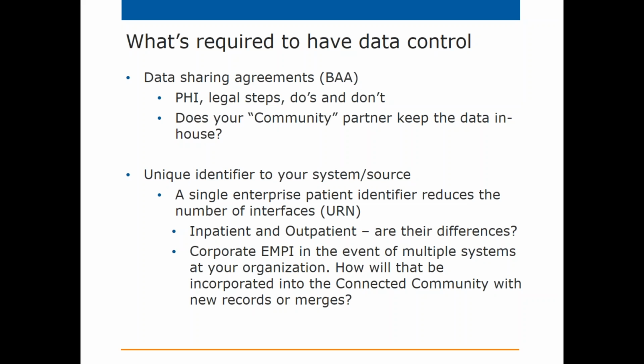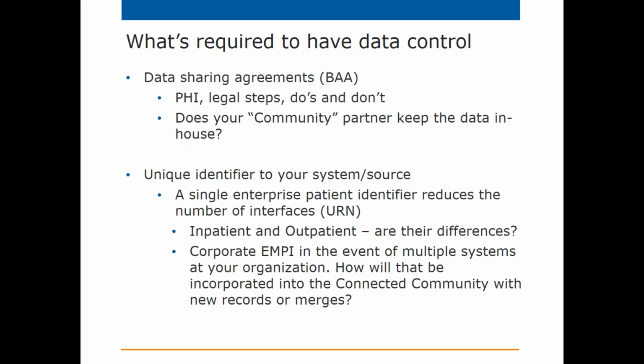If you're sending your data out, you want to make sure that every time you send that data out, it matches up to the same person that you created the first time, unless there is a link or you need to do a merge or things like that. Inpatient and outpatient, are there differences, and how should that information be sent out? Corporate EMPIs, in the event that there are lots of systems within your organization, how will that be incorporated into the connected community?